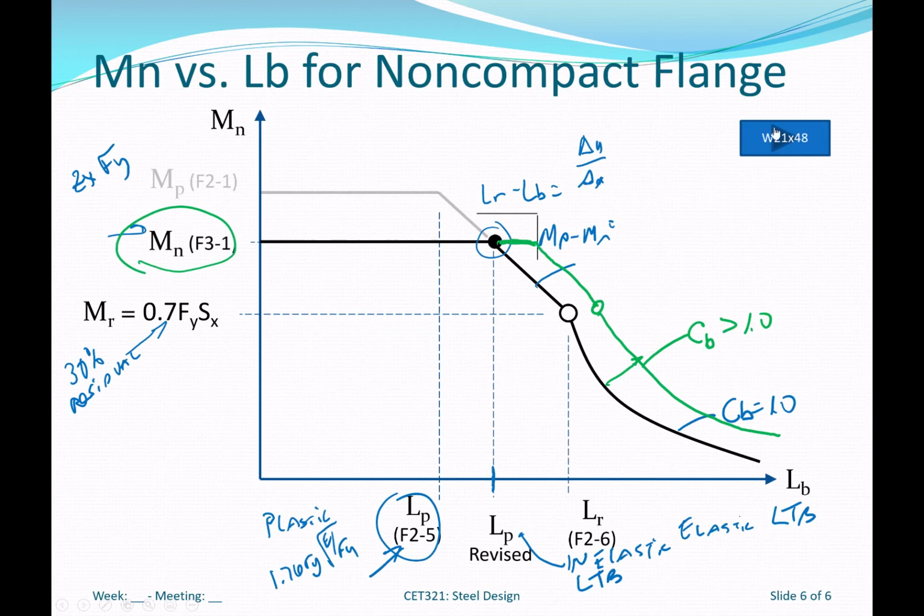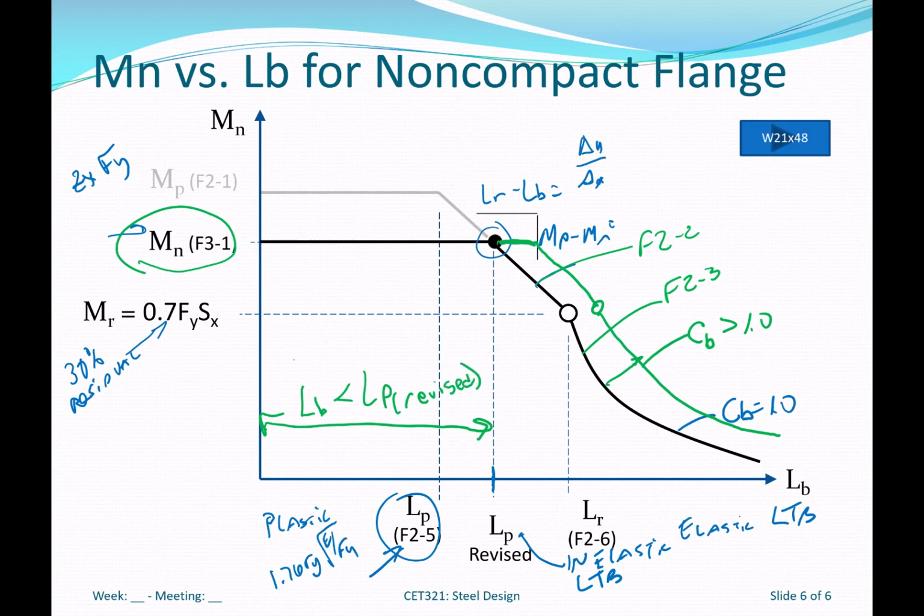So again, that's F3-1. From here down, right, this would be F2-2, and then this is F2-3, just like you've seen before, okay? And remember, so essentially, in this region, if my unbraced length is less than my L sub P revised, if you will, it's based on flange local buckling.